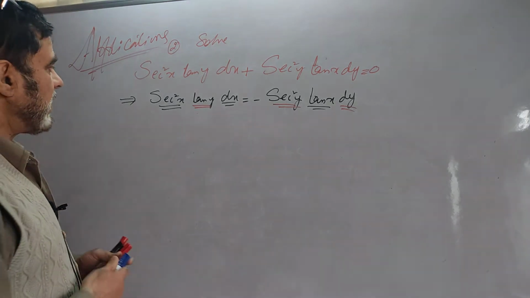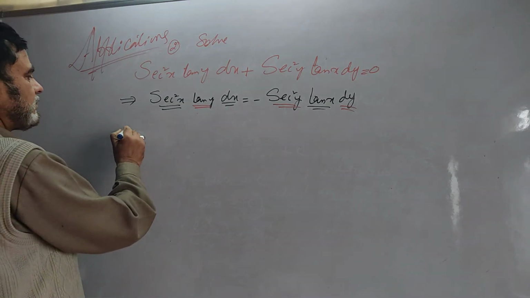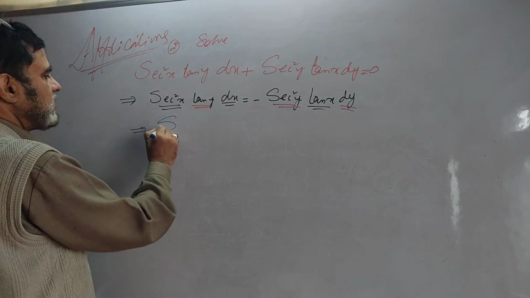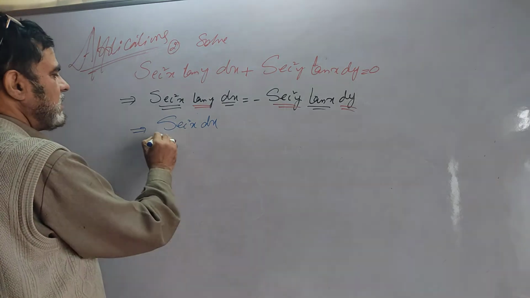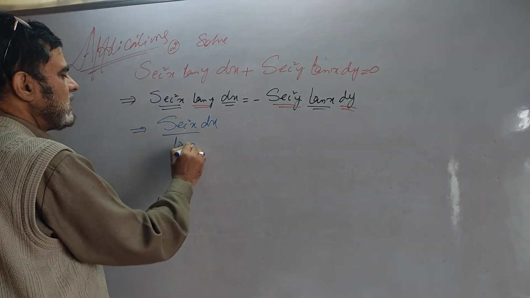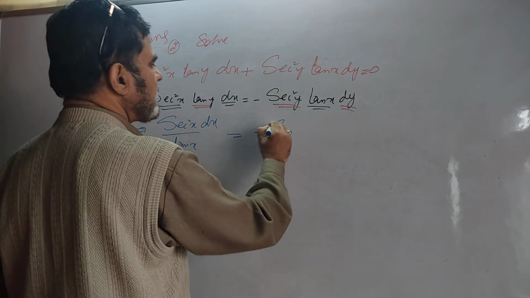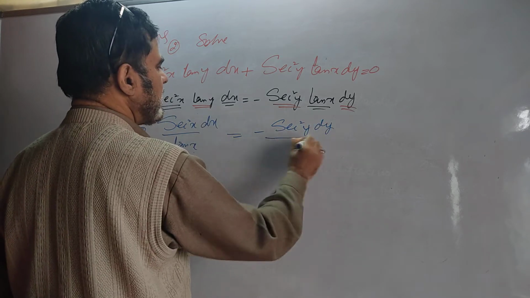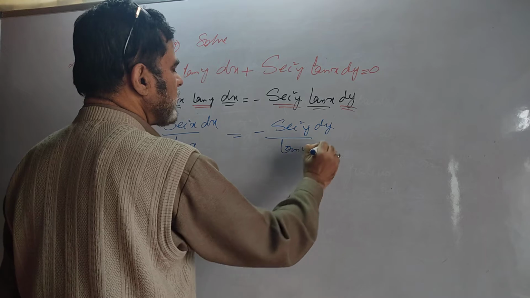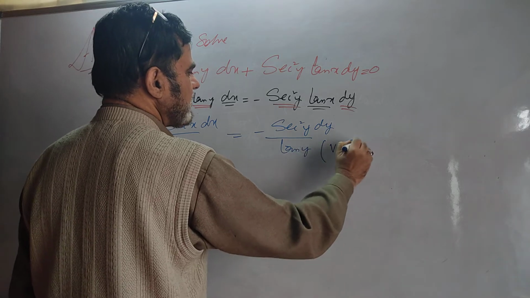You can write this as sec square x dx, taking this tan x down, is equal to minus sec square y dy and their y term by tan y. So variables got separated.